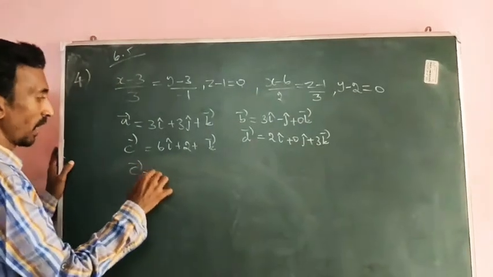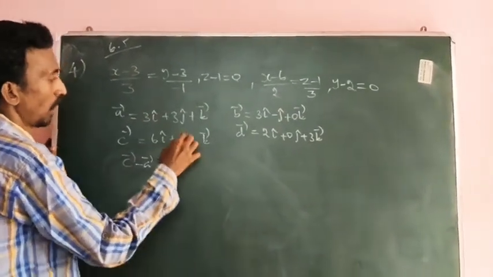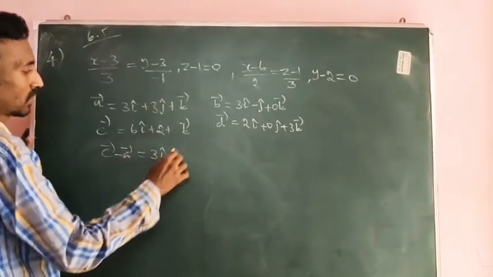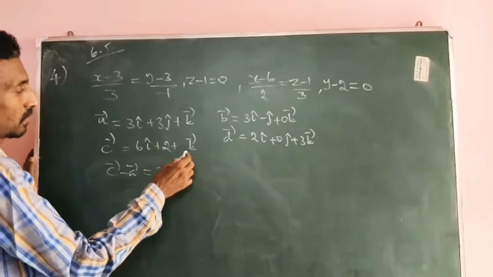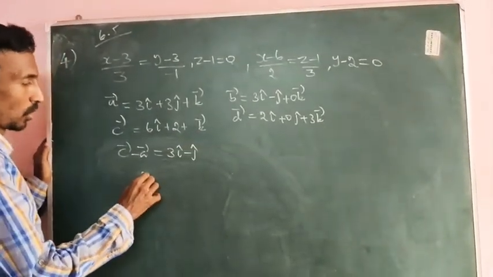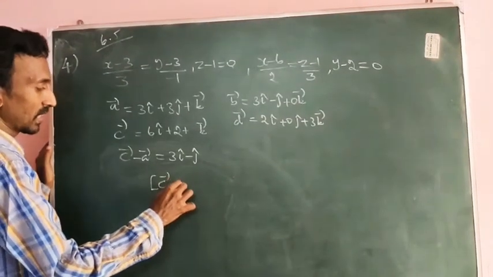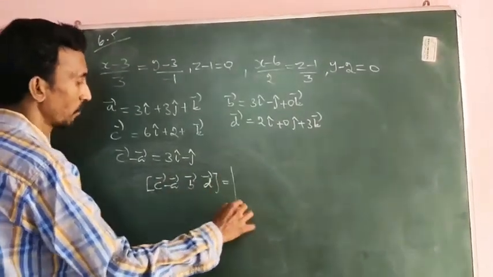So find out C minus A: 6 minus 3, 3i, 2 minus 3, minus j, and 1 minus 1, 0. That is not needed. So what is the condition of intersection? We have to check the value of the box product of C minus A, B, D.